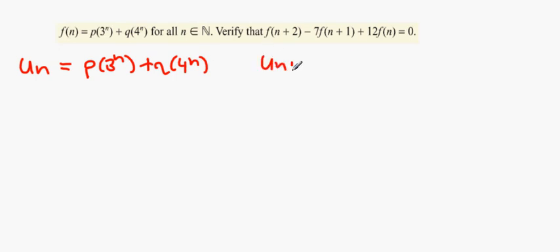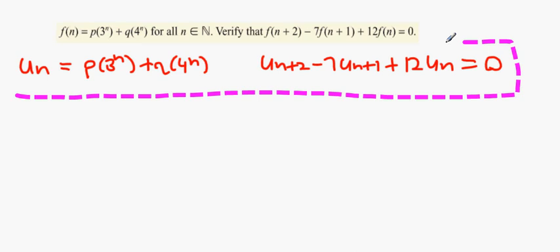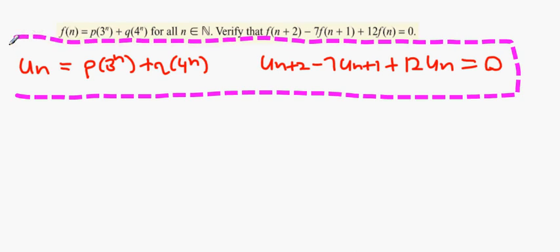This can be u of n plus 2 minus 7 u of n plus 1 plus 12 u of n. That is a hint, okay? This question is the same as this question here. Exactly the same. Okay? So what I'm going to do now is I'm going to find out what f of n plus 2 is. Okay?